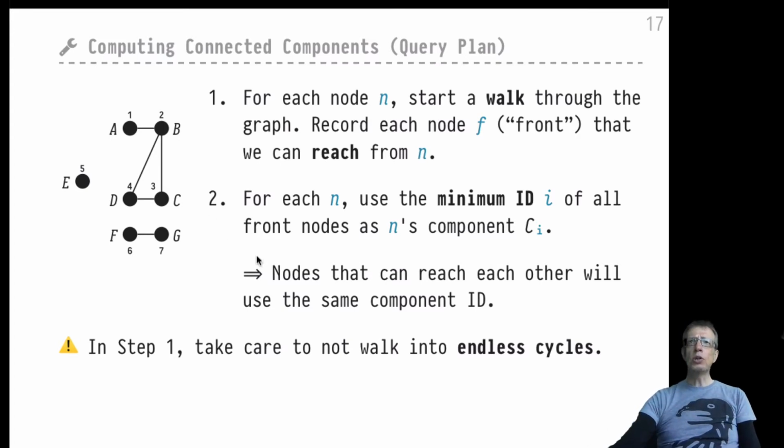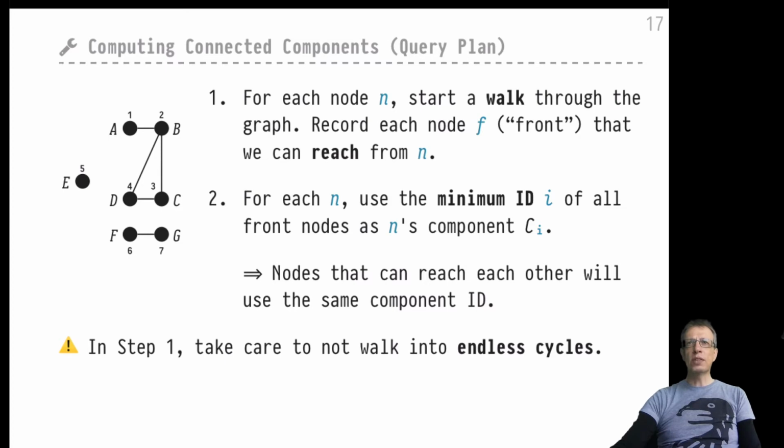Right. For each of the 7 nodes, we would then check the IDs of all the nodes that could be reached, and we would simply use the minimum or the maximum. But hey, let's use the minimum ID of all the reachable nodes. That value would be used as the component ID. And that's all there is to it.